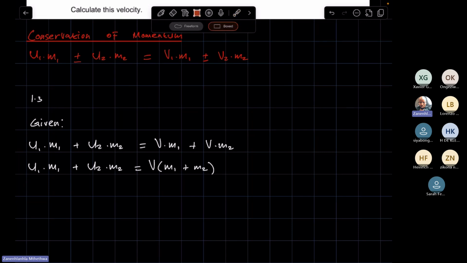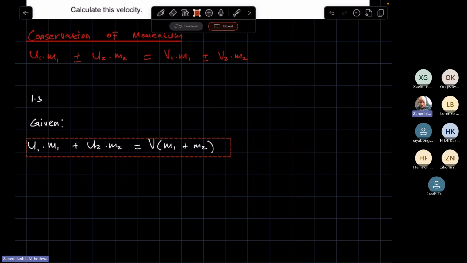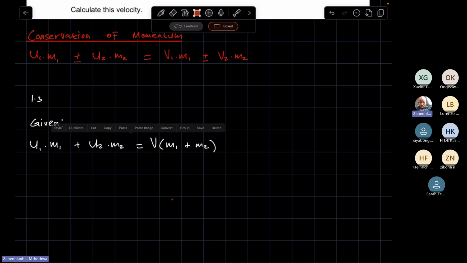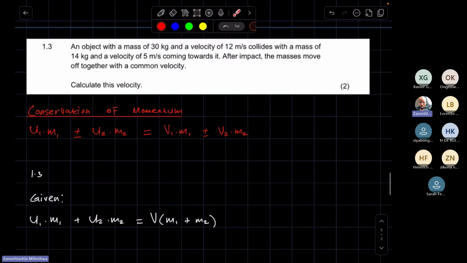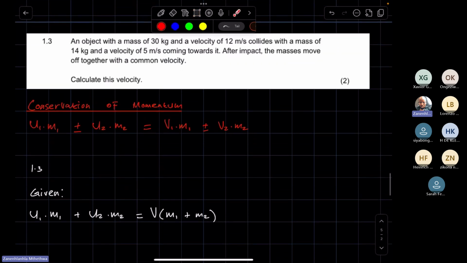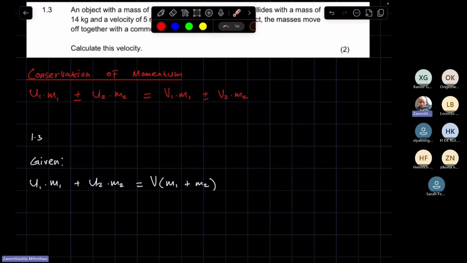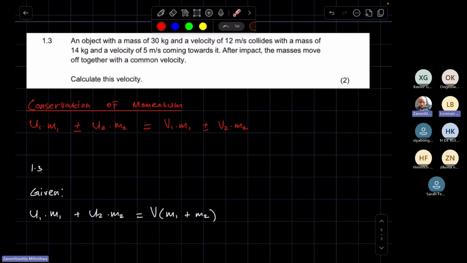So you don't necessarily have to write it like this. As soon as you have established that the final velocity of the two objects after the collision is the same, this is what it means. Are we clear here? Yes, yes.